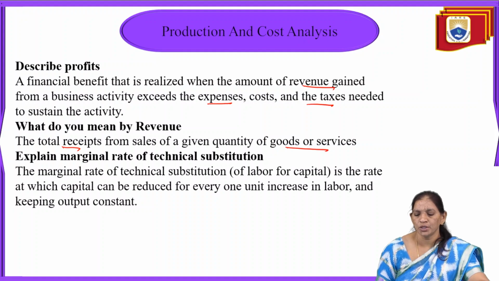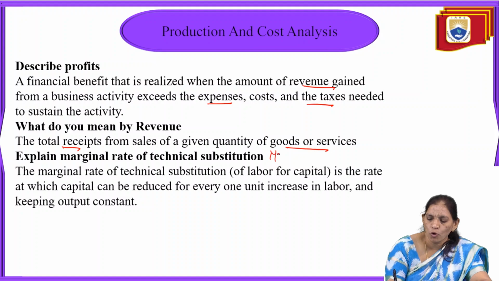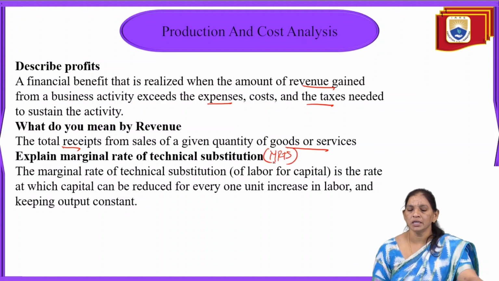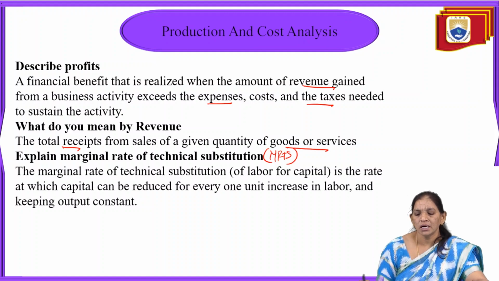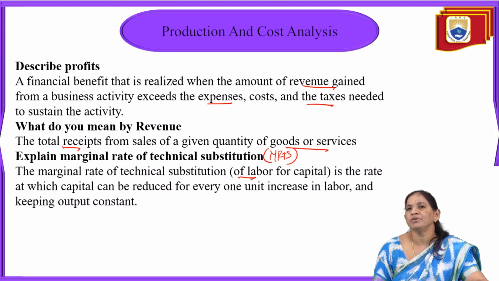Explain marginal rate of technical substitution. This is famously called MRTS, the marginal rate of technical substitution. We can consider two factors of production, labor and capital.